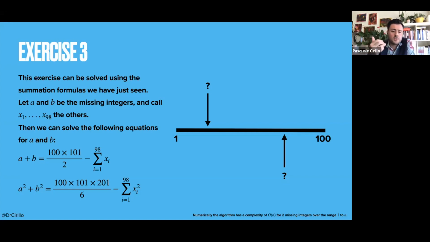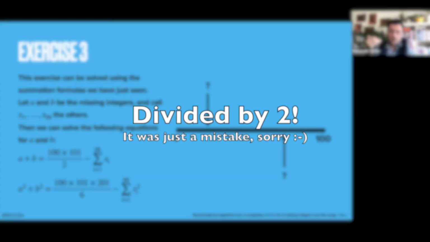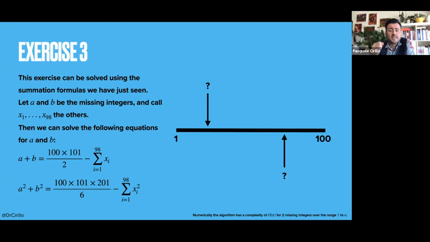If I consider the sum of the integers from 1 to 100, I know that the total sum is equal to 100 times 101 divided by 2, which is the Gauss formula for the sum of integers. So if I take 100 times 101 divided by 2, and I subtract the sum of all the other integers that I know, x1 to x98, then I already have one equation.